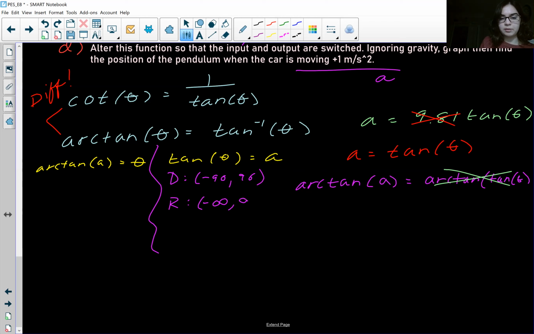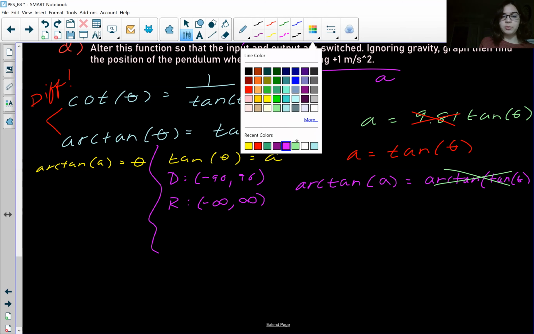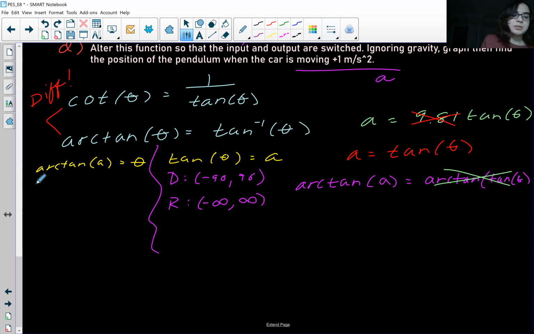So it's going to be from negative infinity to infinity. It's going to be switched for the other one. Big surprise. So the domain is going to be from negative infinity to infinity, and the range is going to be from negative 90 to 90. And that's really going to help us graph this.